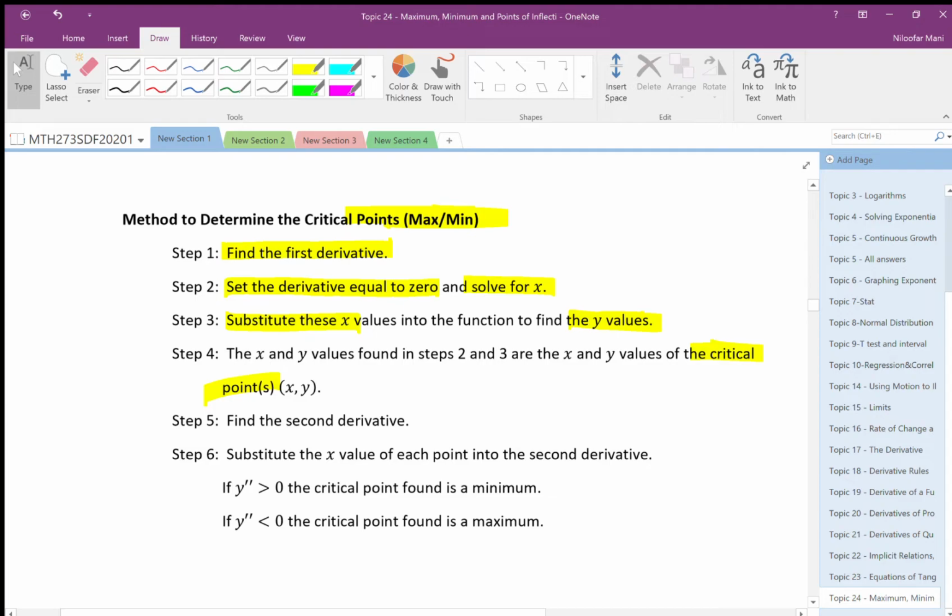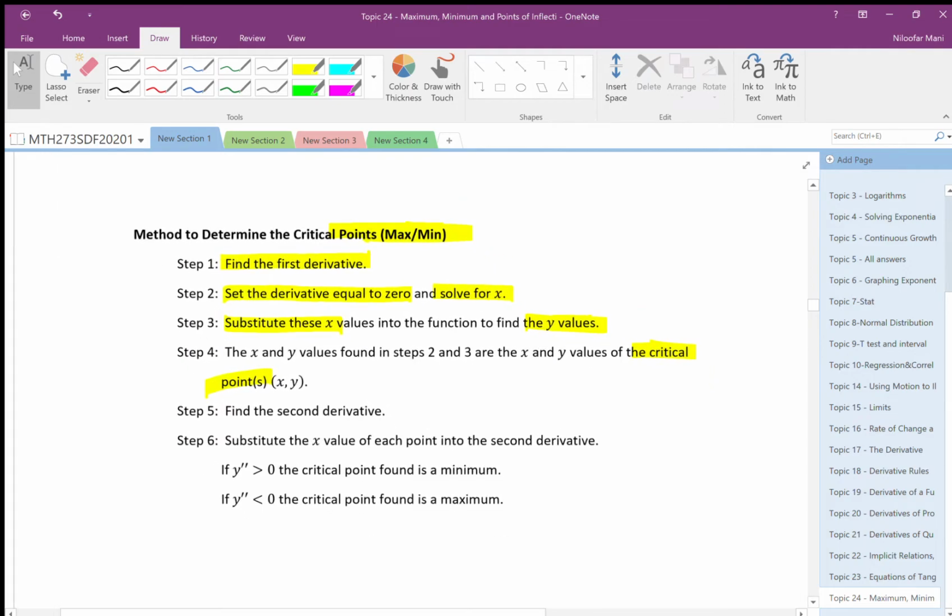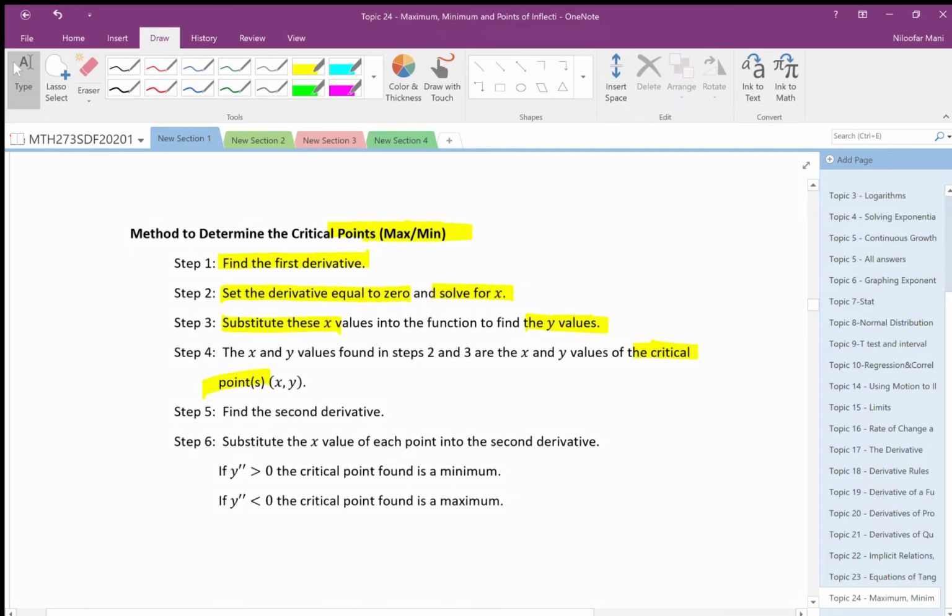These are for sure your critical points, but it doesn't mean they are maximum or minimum. If you check and you see y prime changes from positive to negative or from negative to positive, you see here you have a minimum and here you have a maximum.